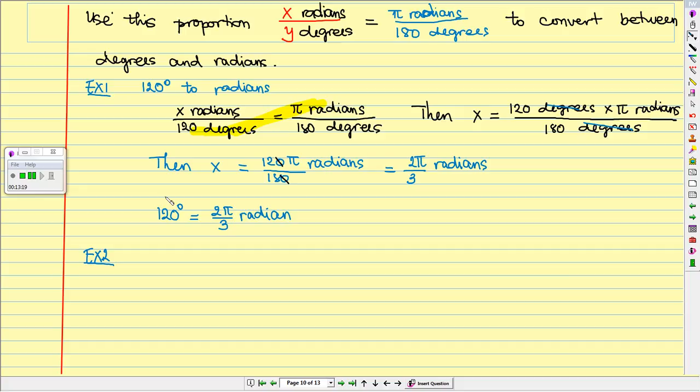So now let's go from radians to degrees. Let's convert negative 3 pi over 2 radians to degrees.